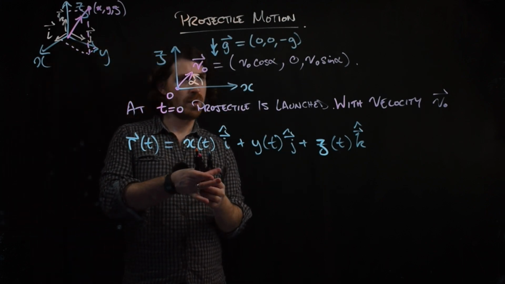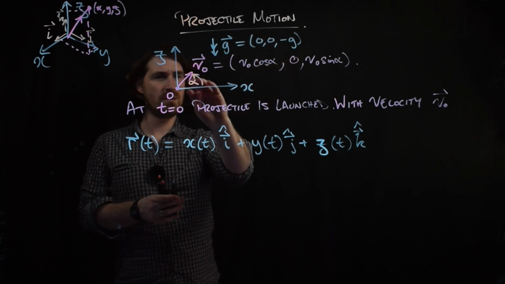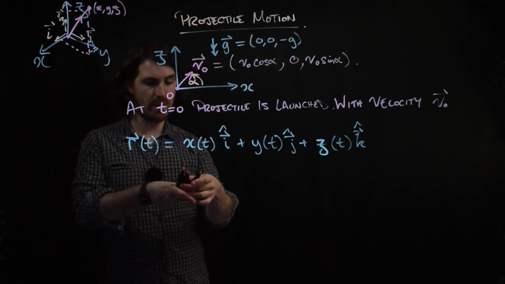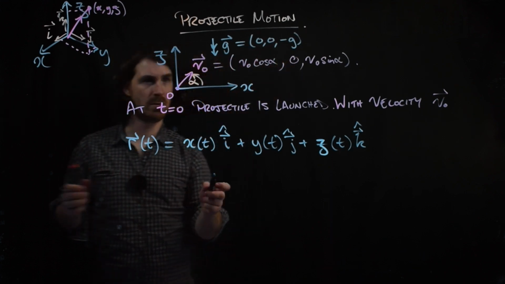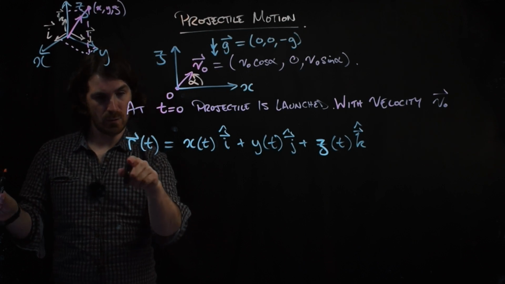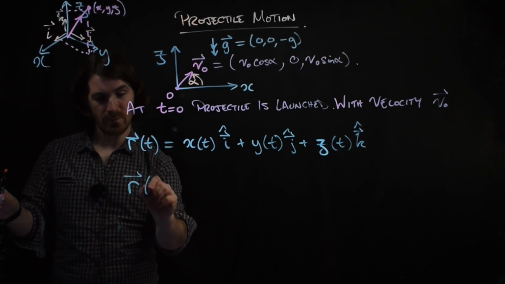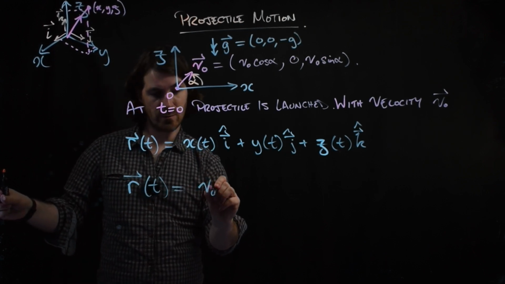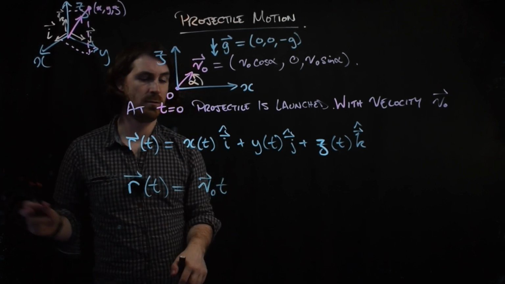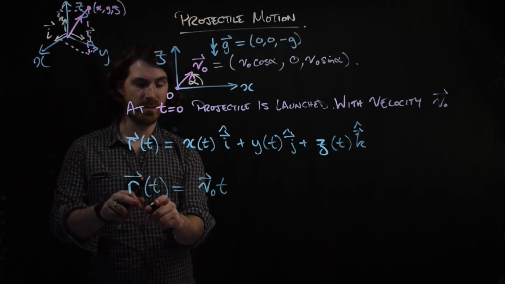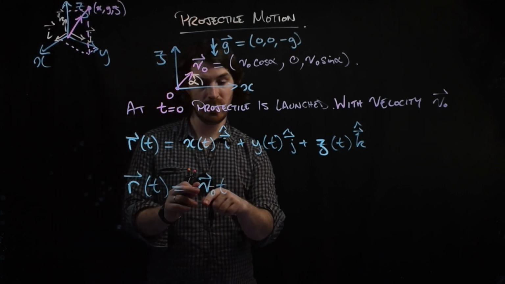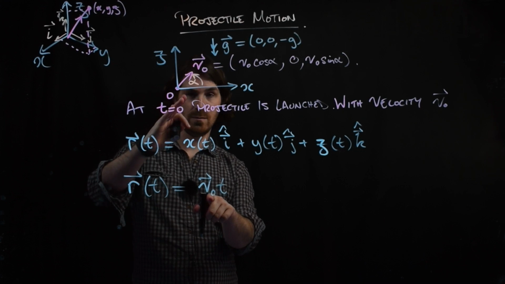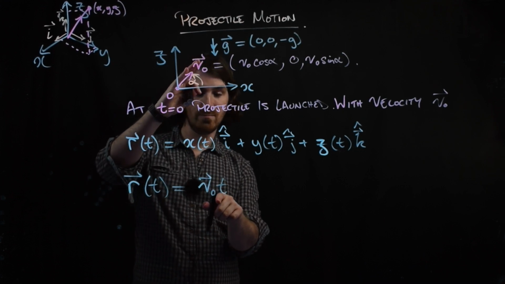If we have this type of setup of a projectile, then you'll know from your mechanics that the coordinate r of t is given by v0 times t. Distance is speed times time, so this is the projected velocity times time.